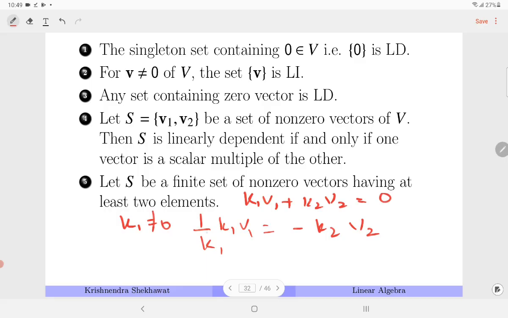Now 1/k1 times k1 gets 1, and 1 dot v1 by the 10th property is v1. So v1 is minus k2/k1 times v2. So if it is LD, then of v1 and v2, one can be expressed as a scalar multiple of the other. In the same way, you can prove the fifth part.